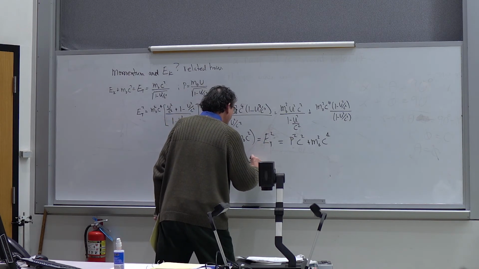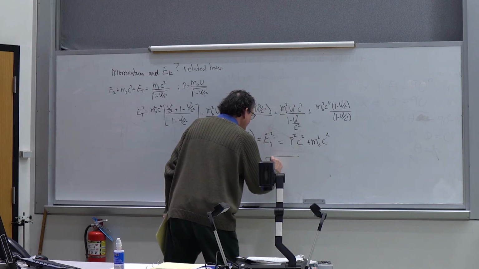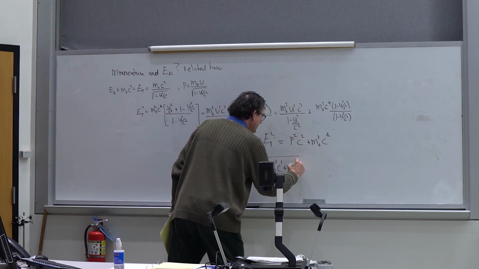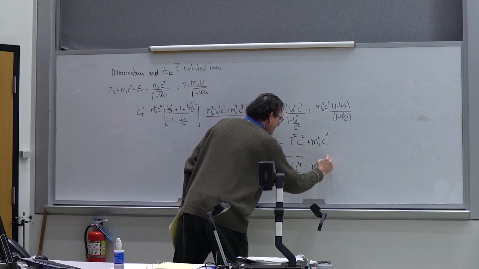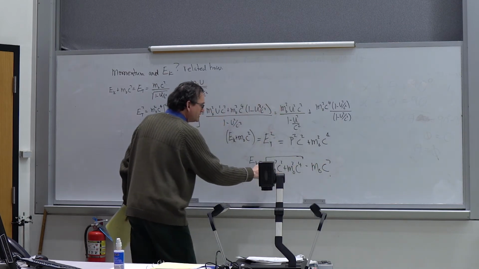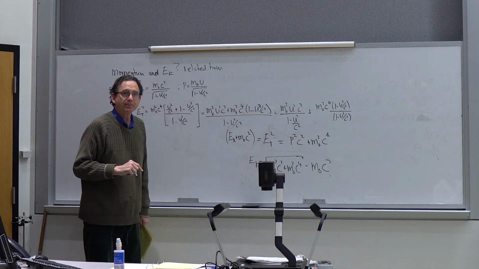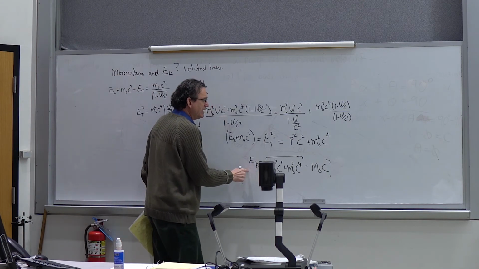So I can say, for example, that EK is equal to the square root of p squared times c squared plus m naught squared times c to the fourth, minus m naught c squared. And so if I know the momentum, I can calculate the kinetic energy. So I have a new relation between momentum and kinetic energy.